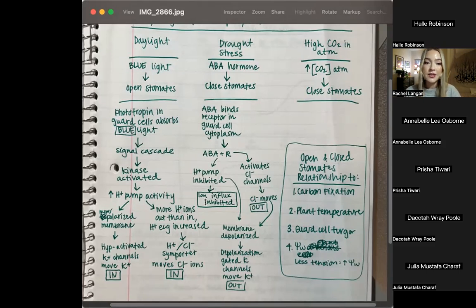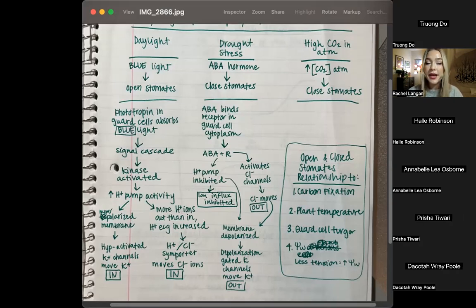Then you would have to think about which direction you would expect those solutes to move given this new ECG. If you don't feel confident about calculating the Nernst equation and doing all the basic ECG stuff, that's going to hurt you on this exam too. We'll go over it, but that's really important to know.